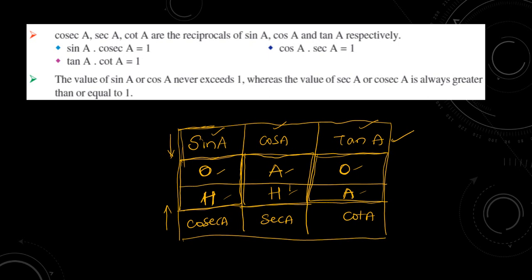Already we have seen that sin A and cosecant A are reciprocal to each other, cos A and secant A are reciprocal to each other, tan A and cot A are reciprocal to each other.